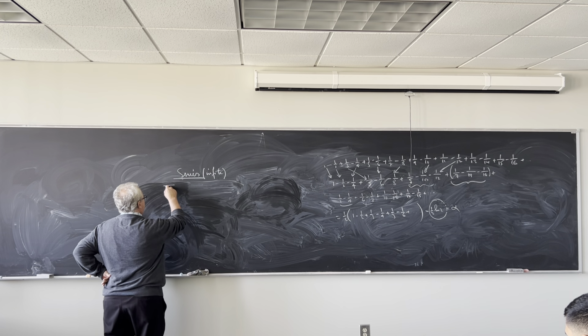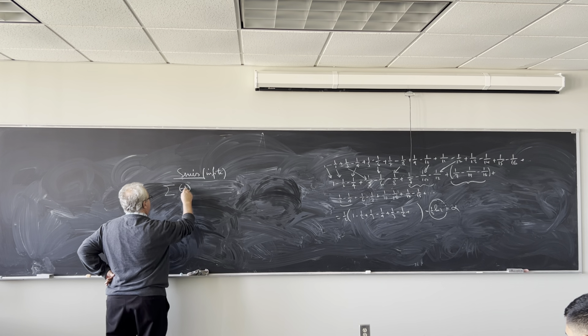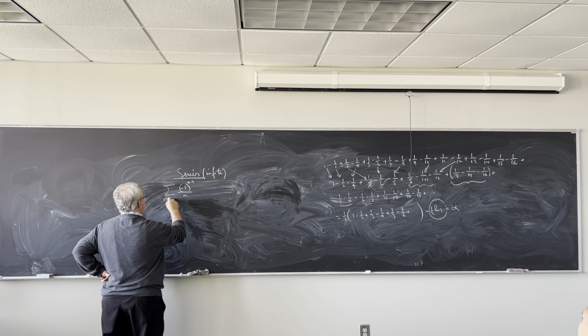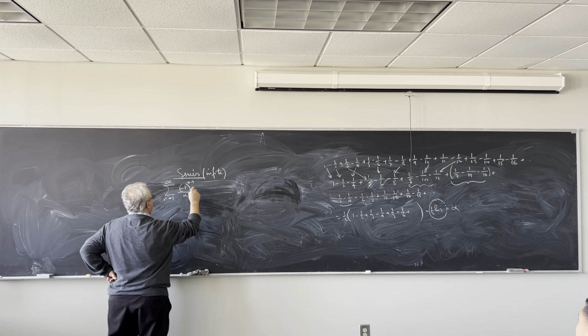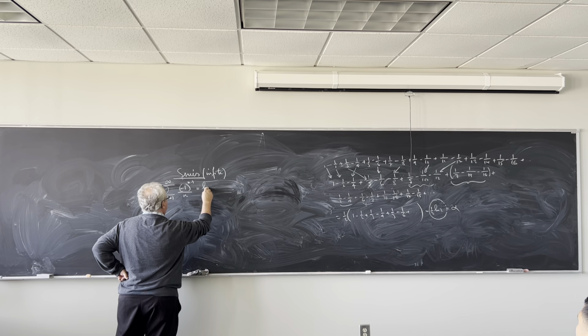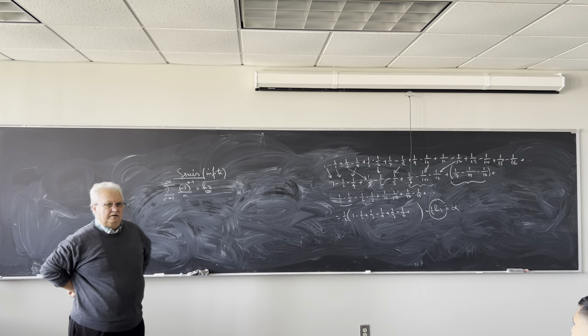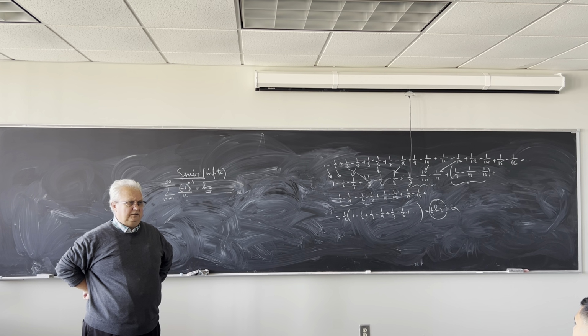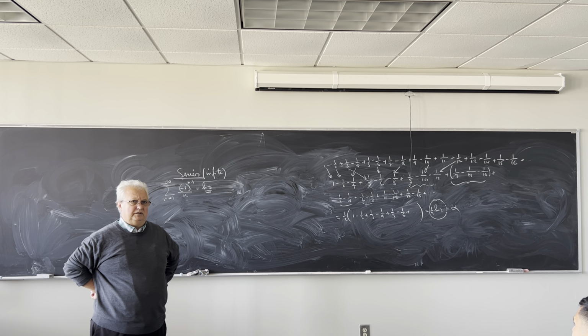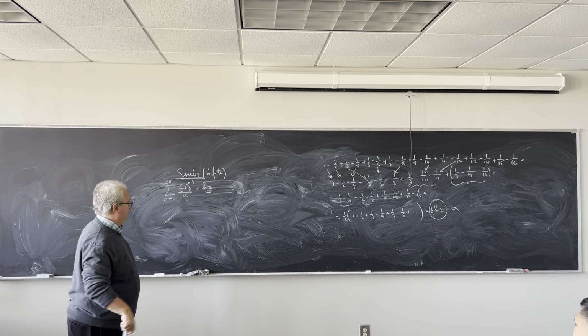So the question is, why is it that the summation of (-1)^(n-1) divided by n, from n equals 1 to infinity, is actually ln of 2? Let's look into this exercise that I think we did at that time.